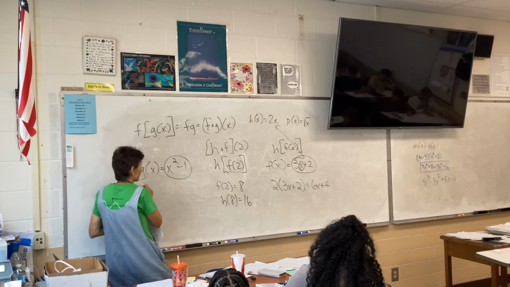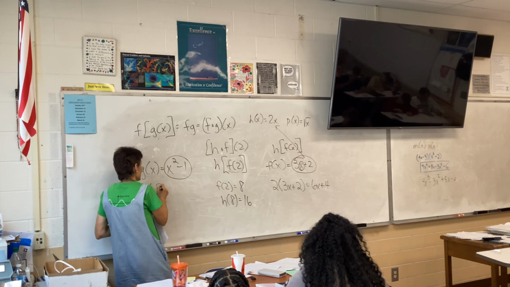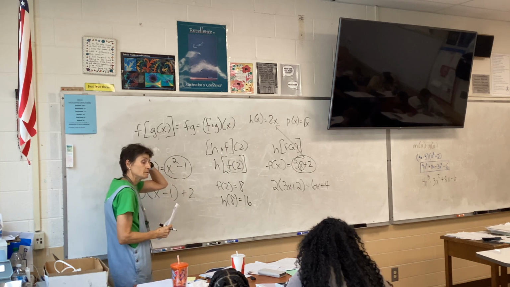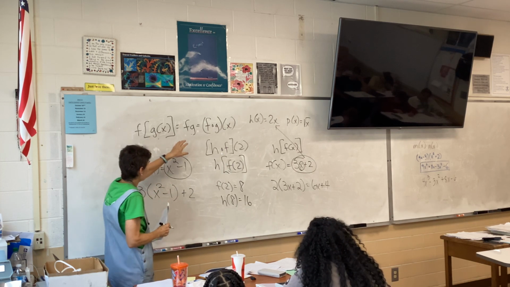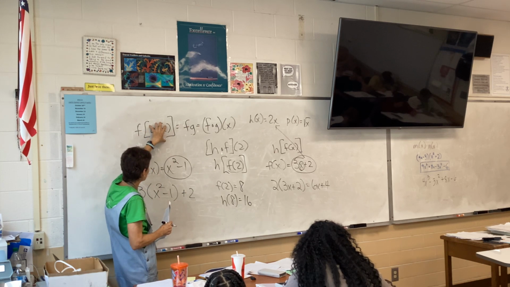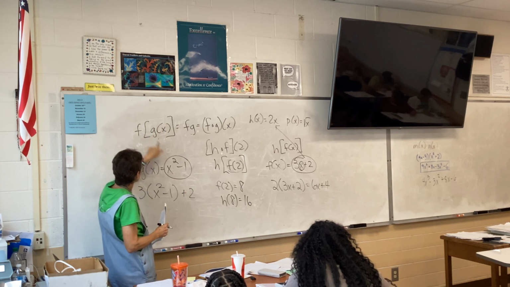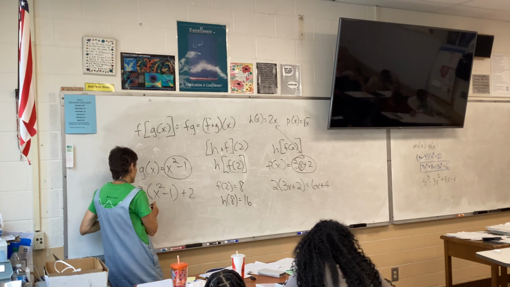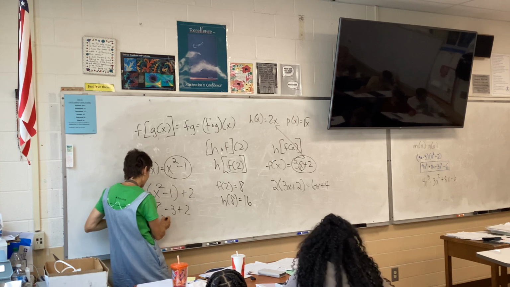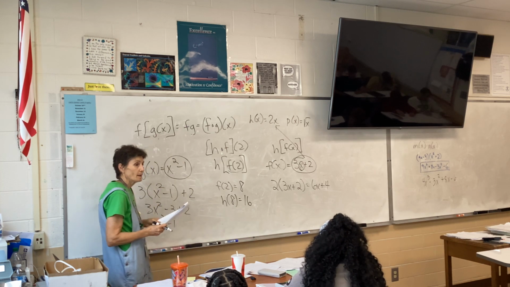So I'm gonna have 3 times x squared minus 1 plus 2. So FG means f of g of x. So I take my g of x, which is this, and plug it into my f. So did you get 3x squared minus 1 as your answer?